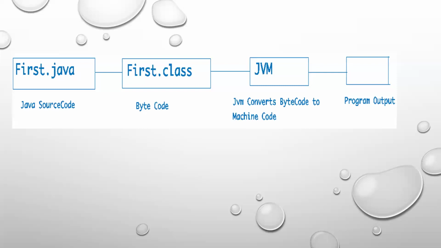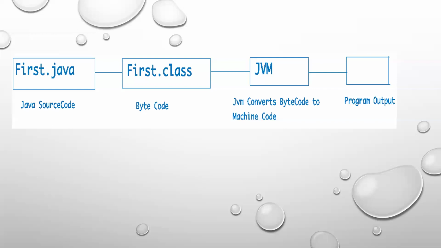Now if you execute the same program on Unix, Linux or Mac, JVM will again understand that you're using Mac with some other processor, and convert the bytecode instructions to be compatible with your platform. Finally you get the output.